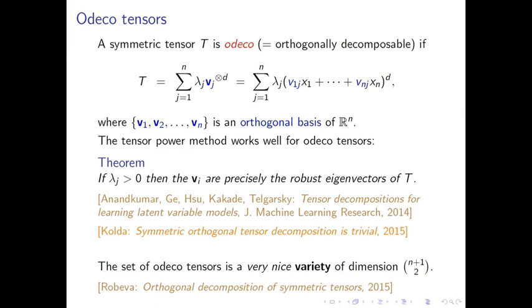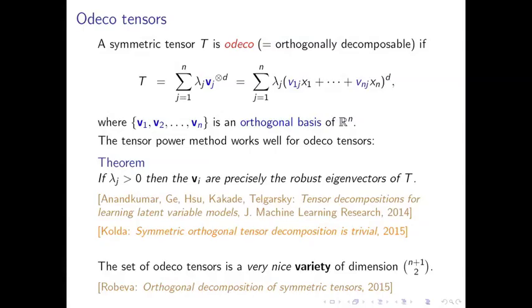Now, I need to define robust, right? So robust simply means there's a positive probability of reaching that fixed point by iterating the gradient map. So a fixed point, an eigenvector, is robust if there exists a full-dimensional open subset in R^n such that starting anywhere in this open set, I'm going to reach the desired eigenvector. So those are the robust eigenvectors. Those I will reach with positive probability if I pick my starting point at random in the gradient iteration.